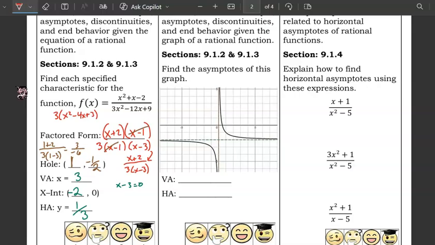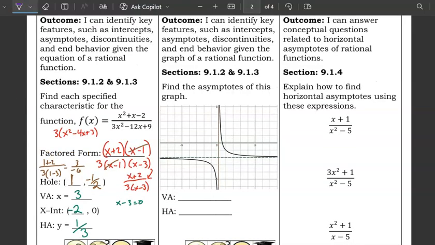Any factors that cancel out would be holes. Once you get your simplified fraction, that's when you want to find the vertical asymptote, the x-intercepts, and then take the leading coefficient for the numerator and the denominator to find the horizontal asymptote.